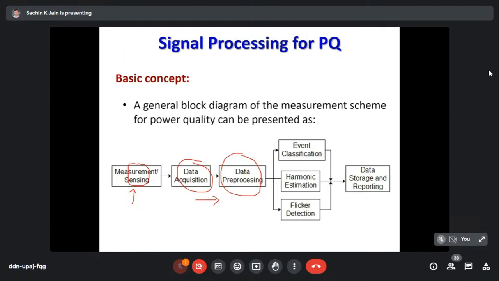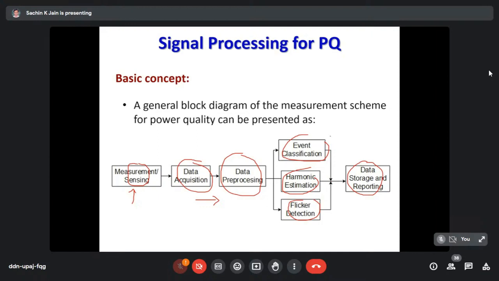So you need to process it and then arrange it in a proper format. Then we use some signal processing tools, maybe some event classification, some harmonic estimation or flicker detection. Then once we know that, we can send this event to data storage or reporting or for alarming or for tripping functions in our systems.